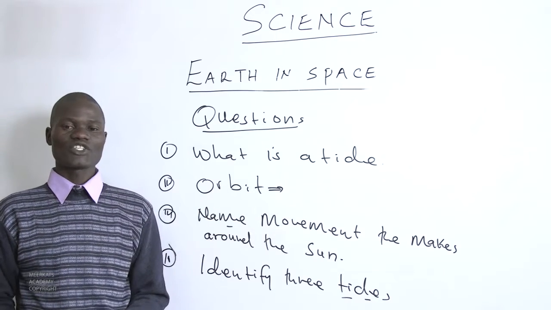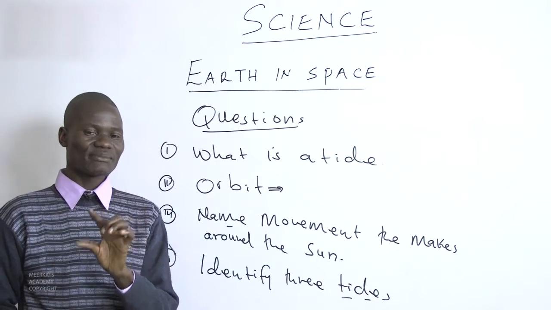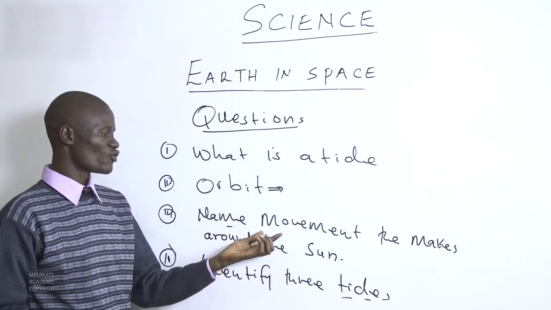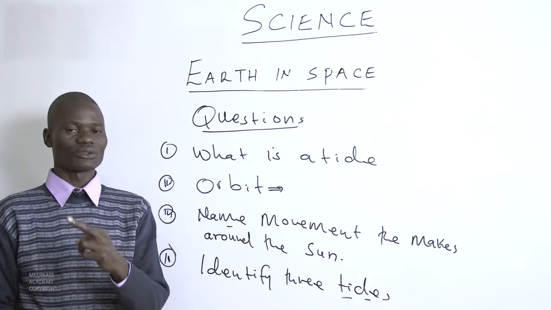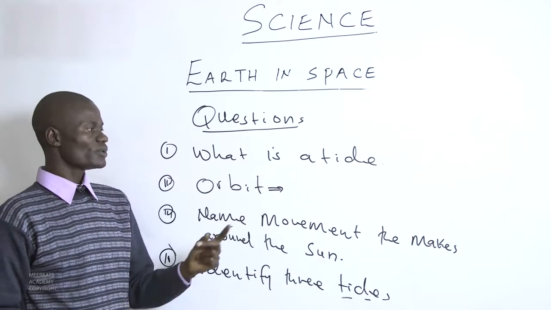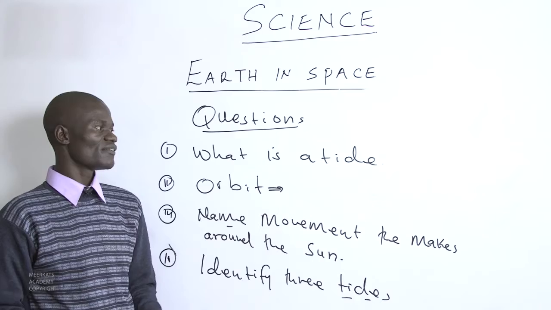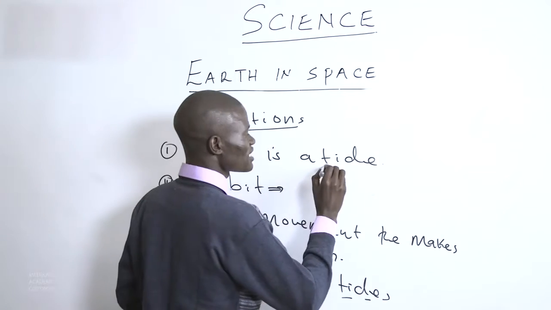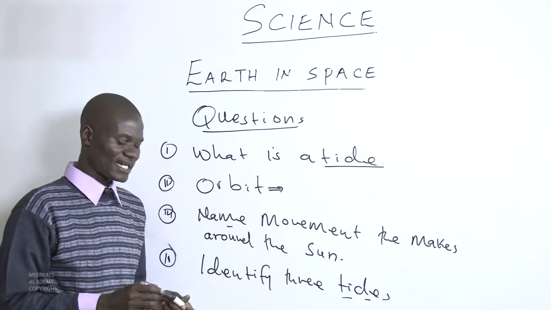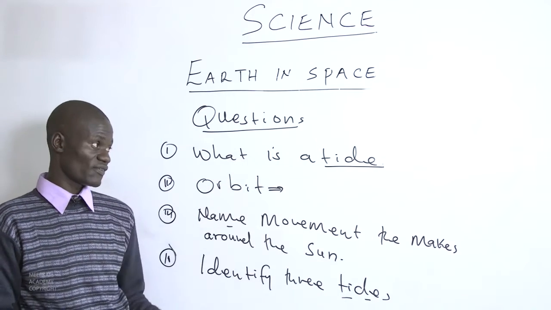There are some special movements that the earth makes, and the ones we are going to answer are the rotation and the revolution. One of the effects of the rotation of the earth is the one causing the tides to be formed on Earth's surface.